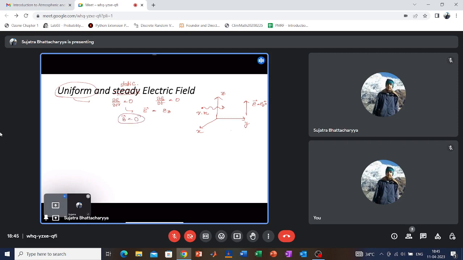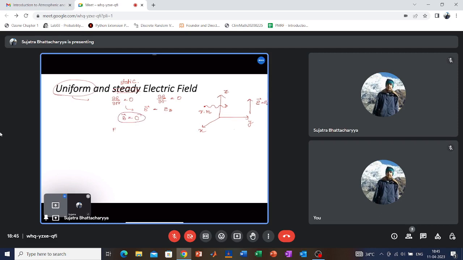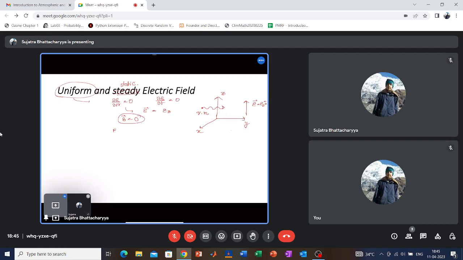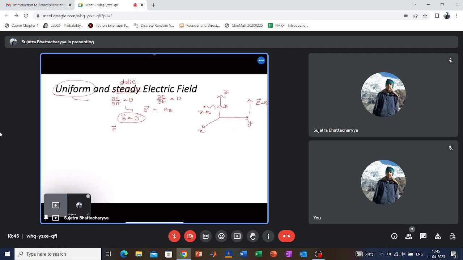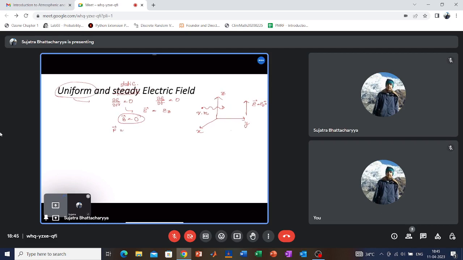Therefore Lorentz force becomes F is equal to Q into E, or m dv dt, the mass into acceleration, that is the force, Q into Ez, isn't it? This is what we get.